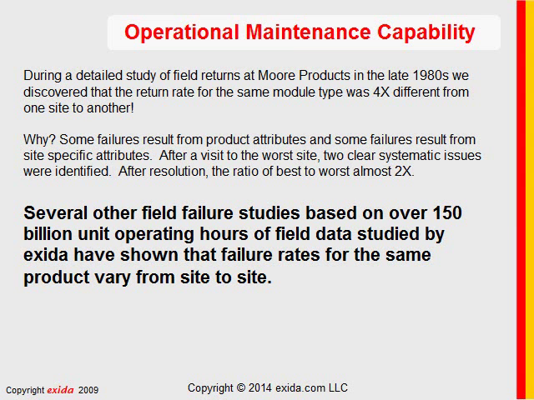And in fact, it's only 3 or 4 years ago that our research indicated it was a significant variable based on proof test results. But the thought started in the late 1980s when a group of people who are now with Exeter were doing field failure return studies at Moore Products Company.